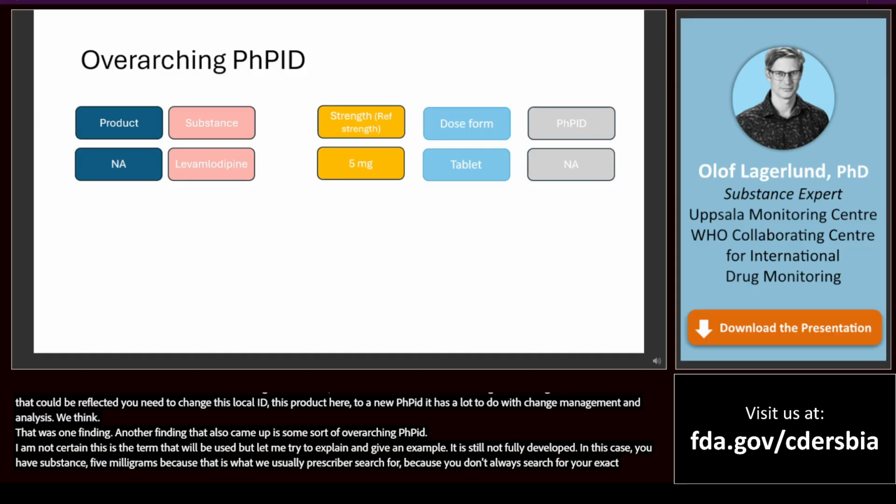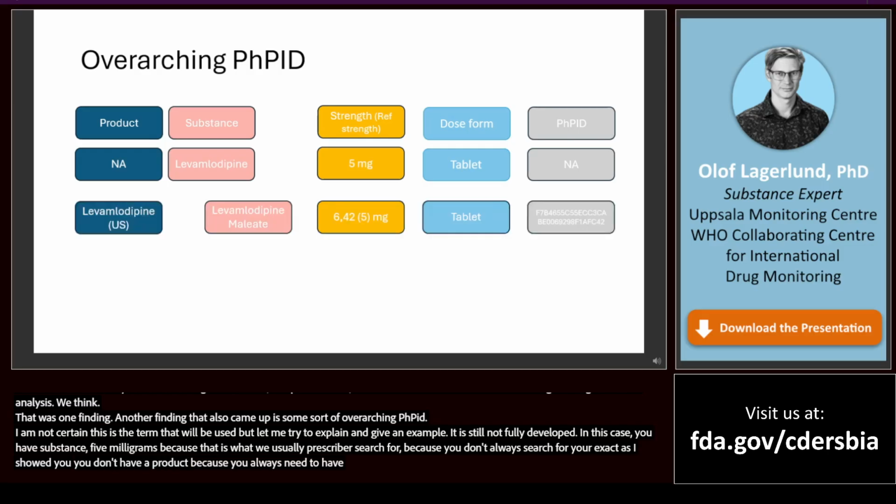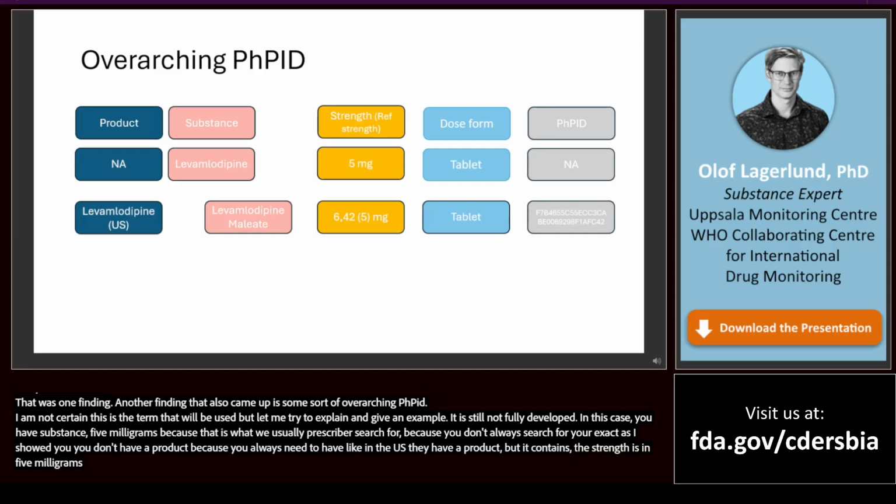But here you don't actually have a product, because you always need to have a salt when you have levamlodipine. So in the US, you have a product called levamlodipine, but it contains levamlodipine maleate and not just levamlodipine. And the strength isn't 5 milligrams, but 6.42, and the 5 milligram is the reference strength.